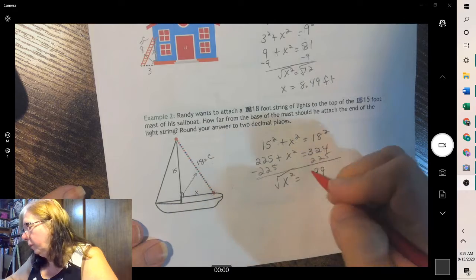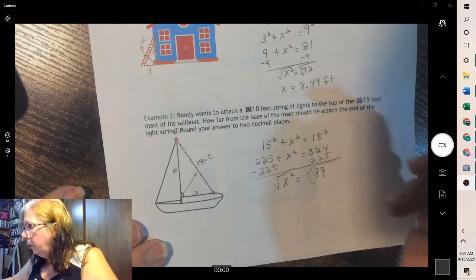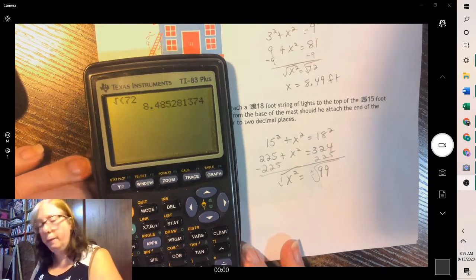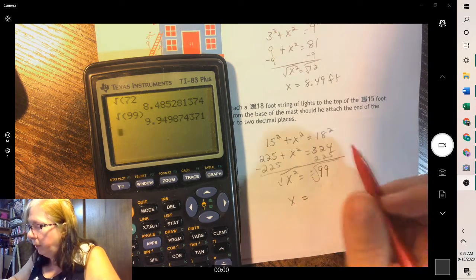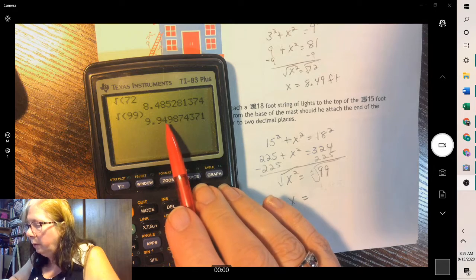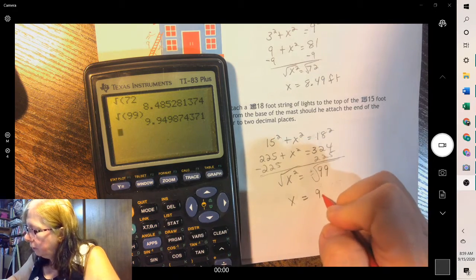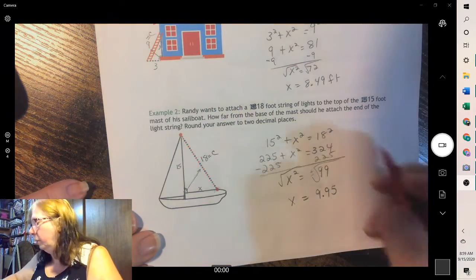And then we take the square root. Again, it would be plus or minus, but we're dropping the negative because you can't have a negative measurement. We take the square root. It said round to the 100th, so 9.95. This was also feet.